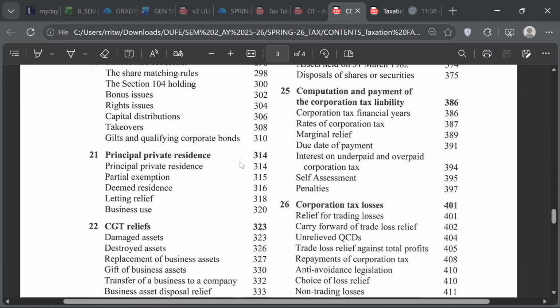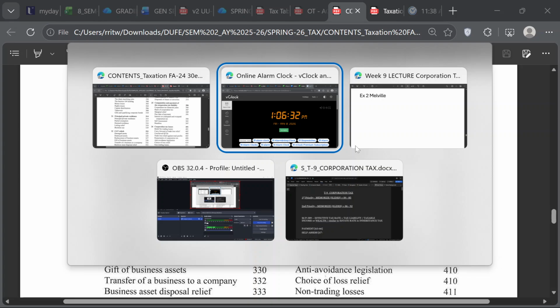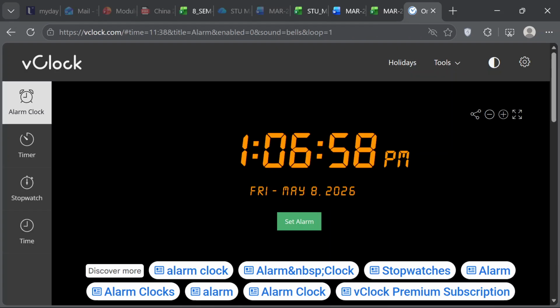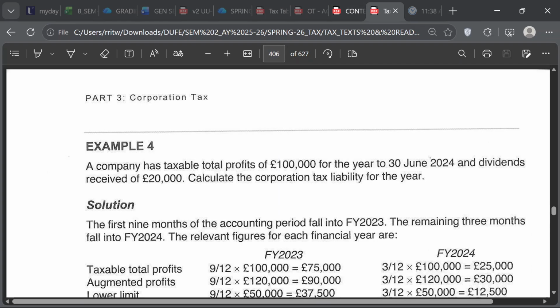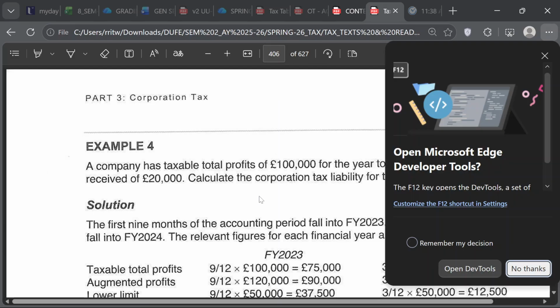Tax losses, yeah, computation. So let's go to marginal relief. Let's go to 389. So 39, so 406, maybe. Okay, there's already example 4.